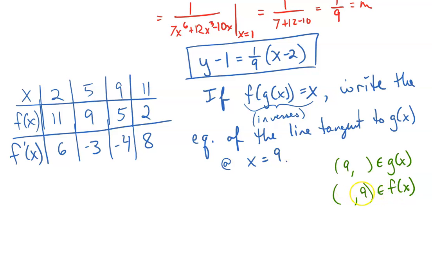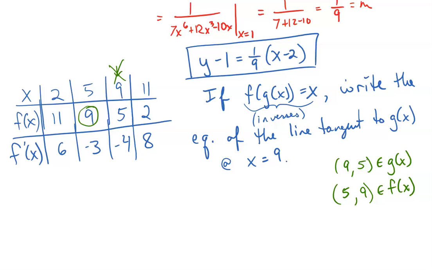We can see that something comma 9 is a point on f of x. This right here is x equals 9 on the original function. That is not what we want. We want the y value on the original function f to be 9. So I'm looking right here. What x value corresponds to an output of 9 on f? It's going to be a 5. And then if this is a 5, that means there's a 5 that goes right here.